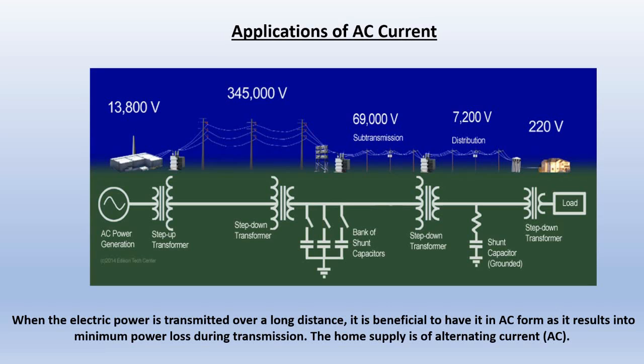So when we use this alternating current, the power loss is minimum, and that is why alternating current is used to transmit over long distances. And the home supply is alternating current, the current which we get in our sockets, that is the main power board, is the alternating current. So these are the applications of alternating current.